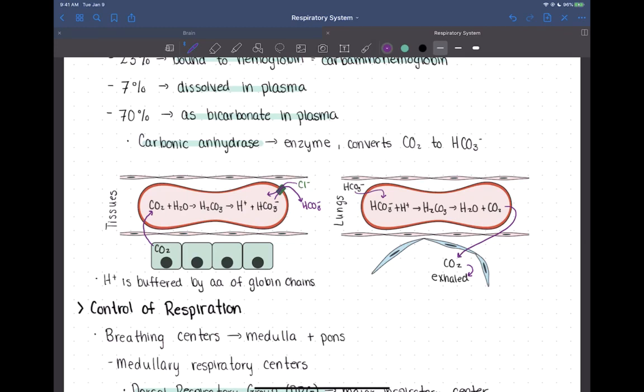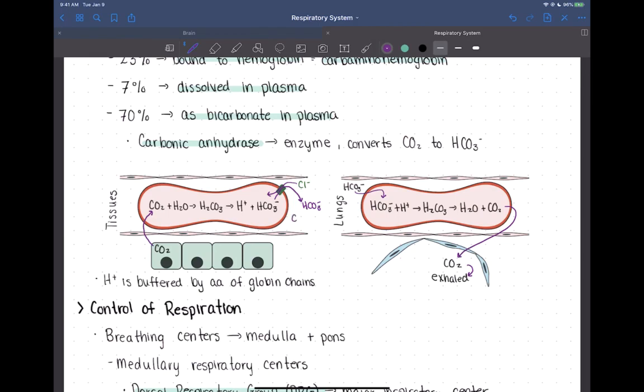All right, so not too bad, right? Carbon dioxide is definitely easier than oxygen with the oxygen saturation curve. Just make sure you know this formula for converting carbon dioxide to bicarbonate, and then the enzyme, carbonic anhydrase.